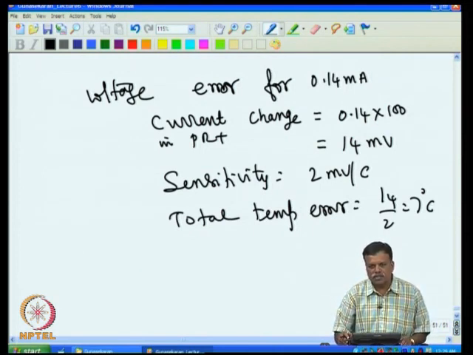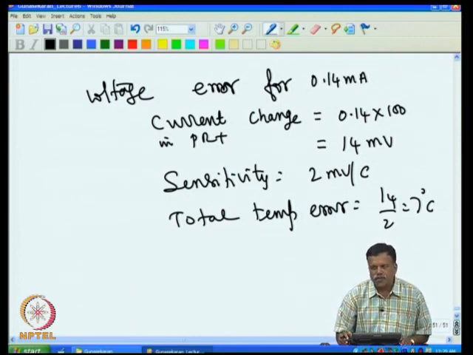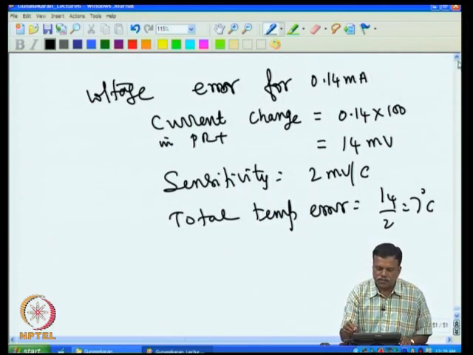So resistance drift is very large, and it gives a large amount of error. Of course, we can reduce this by going for a low drift resistance.